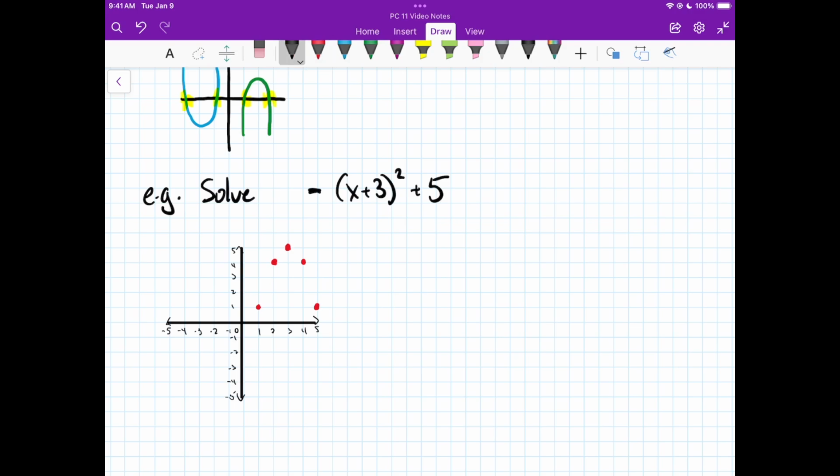We might need to extend our axis a little bit further out, so maybe let's put that to 6 instead of 5. All right, so over 1, over 2, and then over 3 and down 9 gets me a point here and a point there. Great. So I'm going to draw myself a parabola, and then we're going to see that this one's a little different than the ones that we've done.